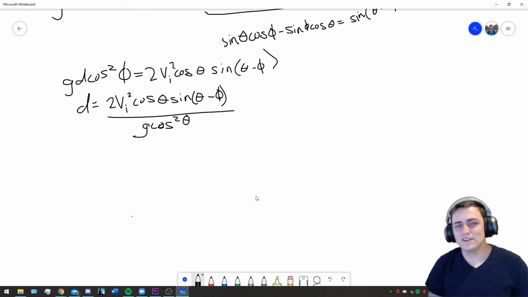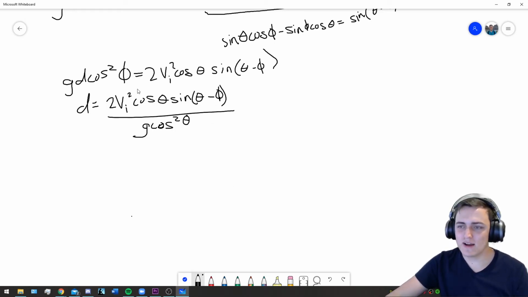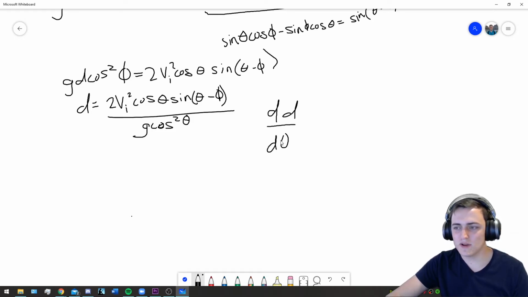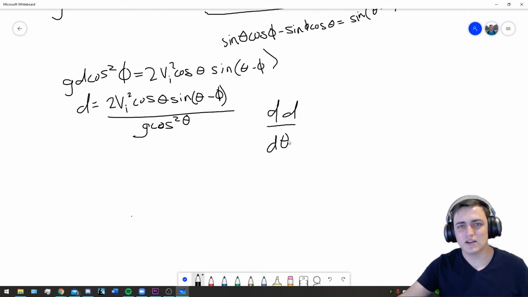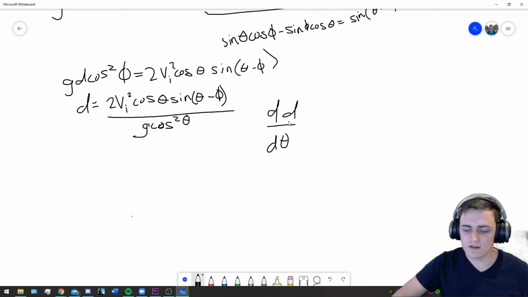Using the ideas from differential calculus, we know that when the derivative of a function is 0, it is at a maximum or a minimum. And so if we can derive this function with respect to theta, so we're doing dd with respect to theta, when this is 0, it's going to tell us what our maximum d is.